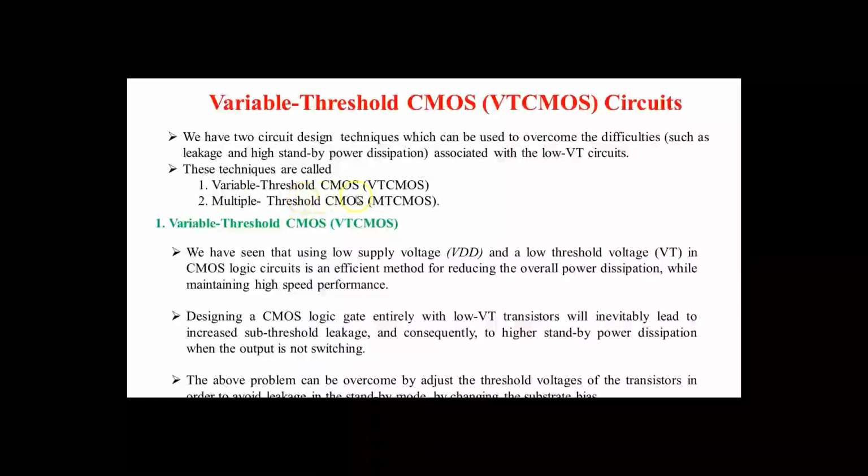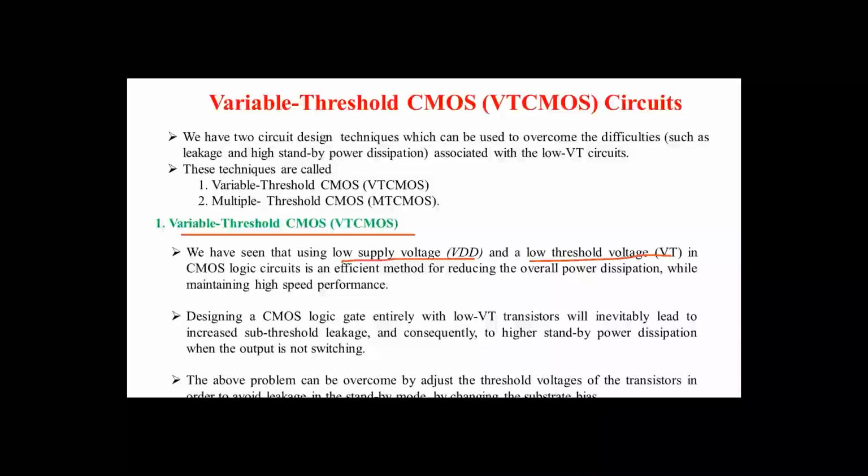Variable threshold CMOS is denoted as VT CMOS, and multiple threshold CMOS is denoted as MT CMOS. Now we have to see the variable threshold CMOS. In the previous discussion we decided to obtain low power dissipation by reducing the supply voltage, denoted as low VDD, as well as low threshold voltage.